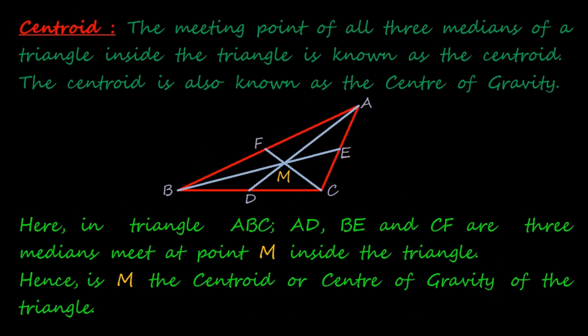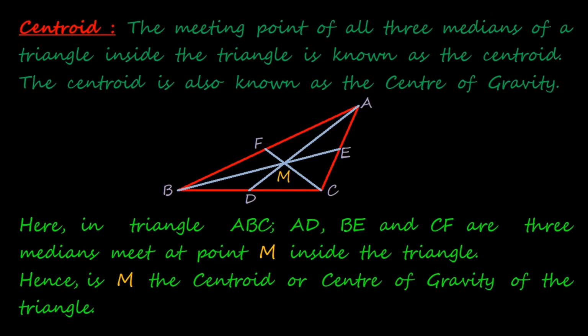Another important thing in a triangle is the centroid. Centroid is the meeting point of all the three medians of a triangle inside that very triangle. The centroid is also known as the center of gravity.